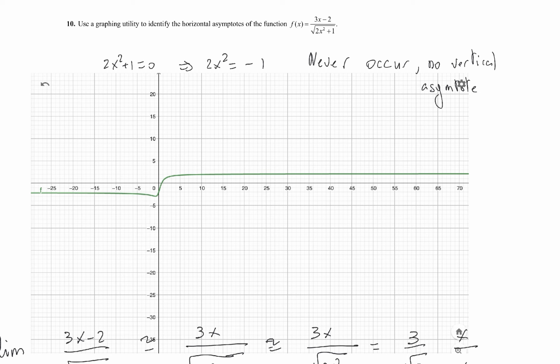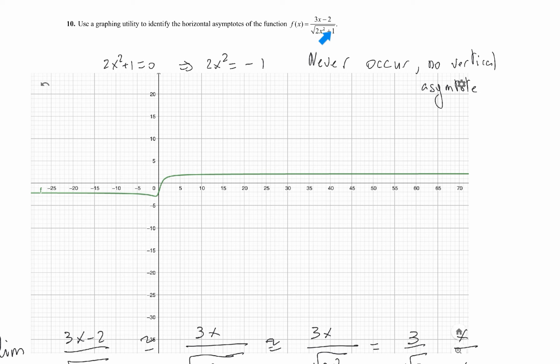First of all, I have to say that on this function, it will never occur a vertical asymptote. To have a vertical asymptote, I suspect that I will need, not necessarily, but I will need the denominator to be 0.